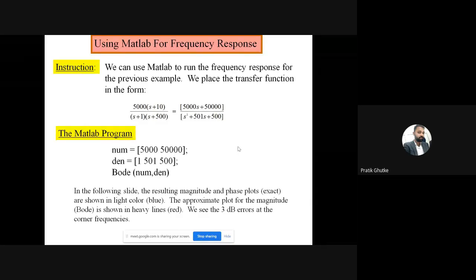Like Bode, I can draw the root locus also. So for root locus with numerator and denominator, the function will be rlocus in bracket num comma den. Rlocus is the instruction for MATLAB. And for the Bode plot, I have to simply give Bode in bracket num comma den. In the following slides, the resulting magnitude and phase plots are exactly as shown in the light blue color.